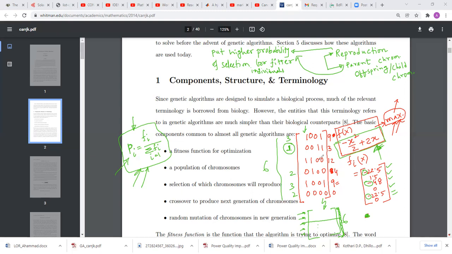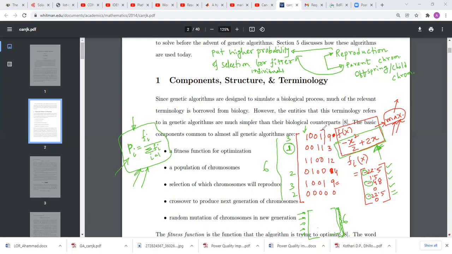So I have mentioned only 2 options. You can change or update all individuals from the previous generation, or you may update 50% of the entries. These are the 2 options. But now I am going to update all.